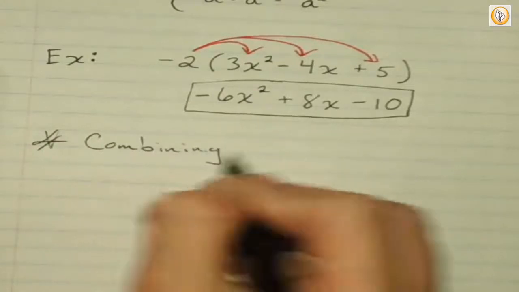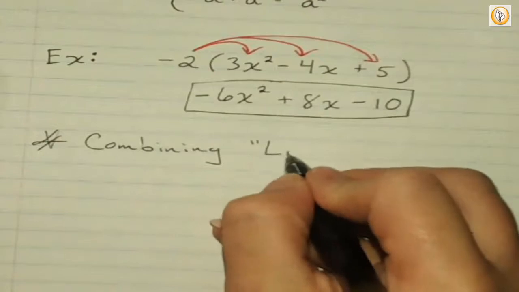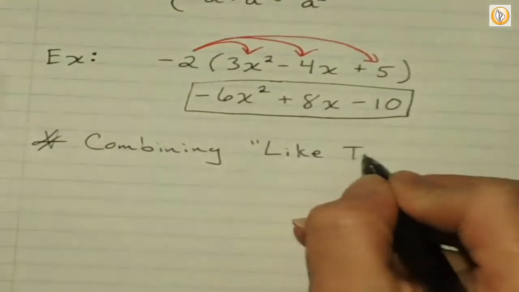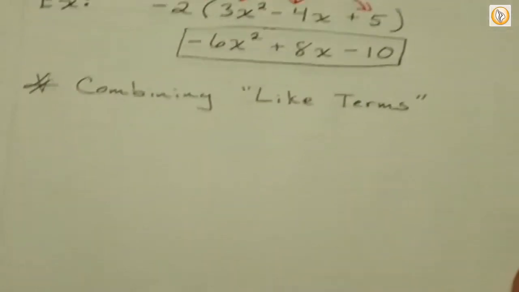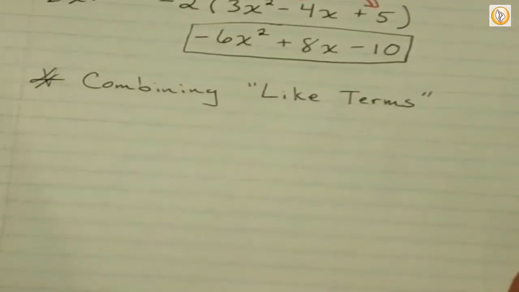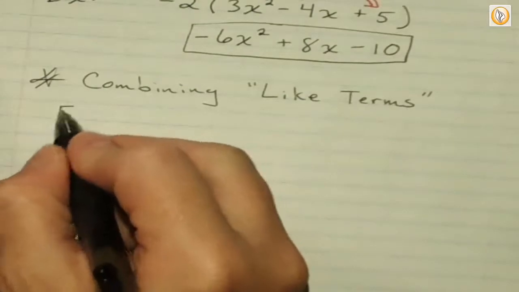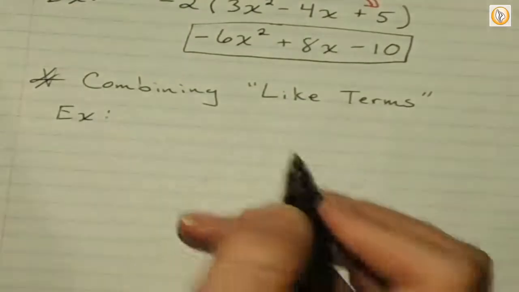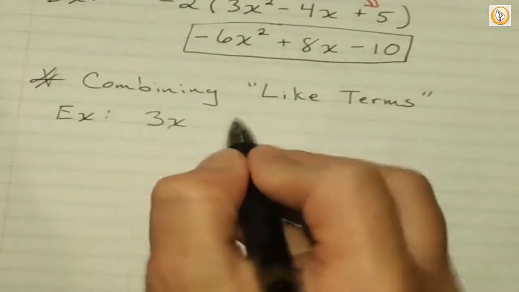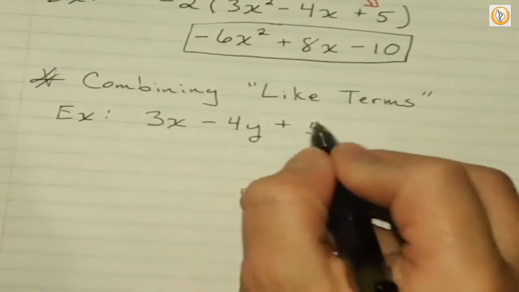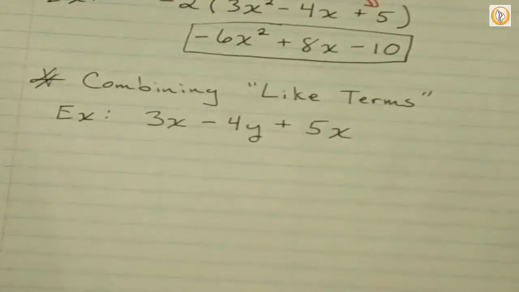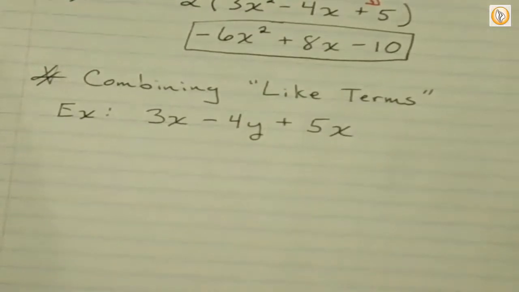All right, combining like terms. Y'all did this last year, and we literally were just talking about this. Example: 3x minus 4y plus 5x.